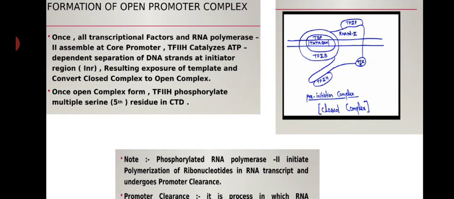Transcription factor 2H phosphorylates multiple serine 5 residues in the CTD, that is the carboxy terminal domain. This phosphorylated RNA polymerase 2 initiates the polymerization of ribonucleotides into the RNA transcript and undergoes the process of promoter clearance.